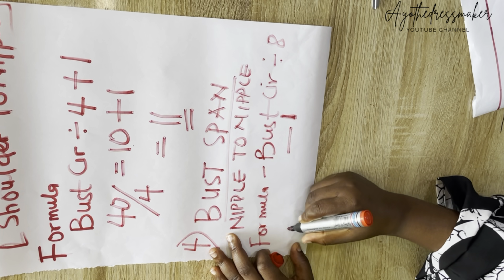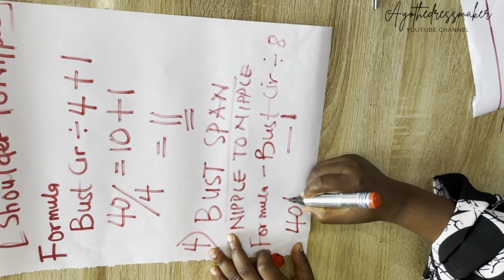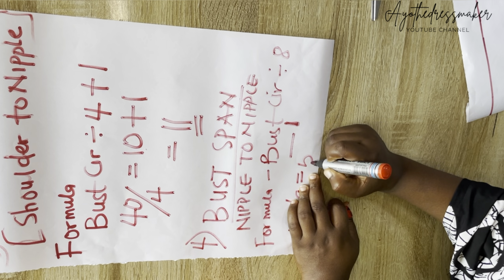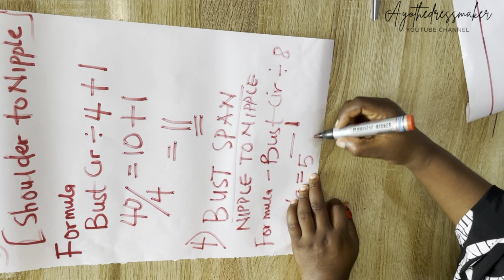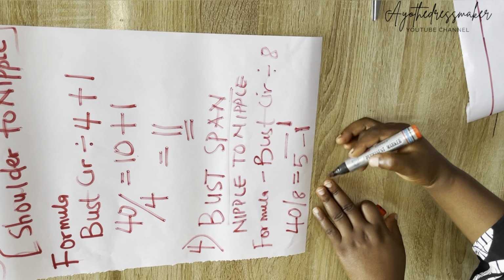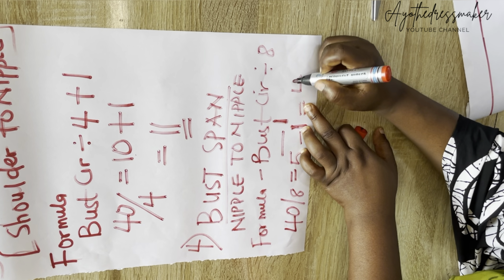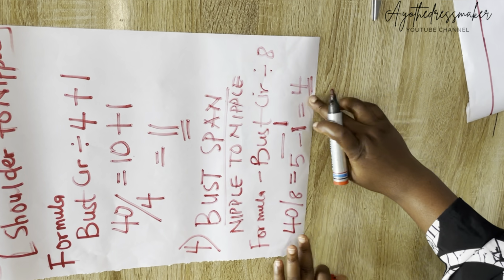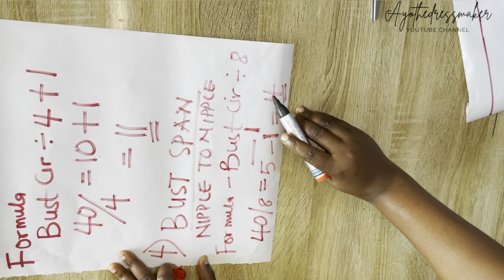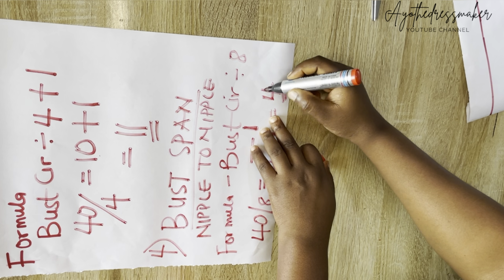Take for instance, we're using the bust circumference of 40 divided by 8. That is going to give us 5 inches. Then we're going to minus 1 from this value of 5 inches, and 5 inches minus 1 is going to give us 4 inches. And the bust span or the nipple to nipple measurement of this person is actually 4 inches.